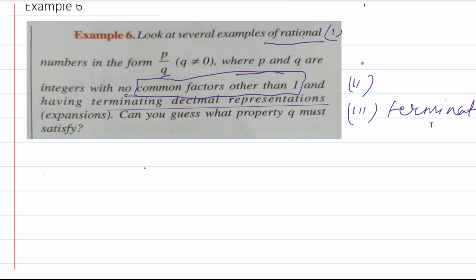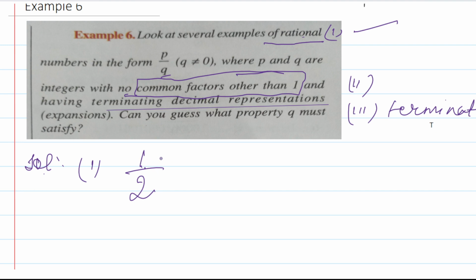Okay, so focusing on this, let's start this sum. So solutions. Number one, you can take any number. Just keep in mind that it should be a rational number in the form of p by q, and q should not be 0. Obviously q is not 0, so the first condition is satisfied. Second condition, it should not have common factors other than 1.